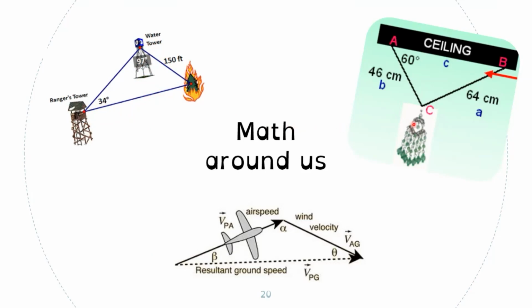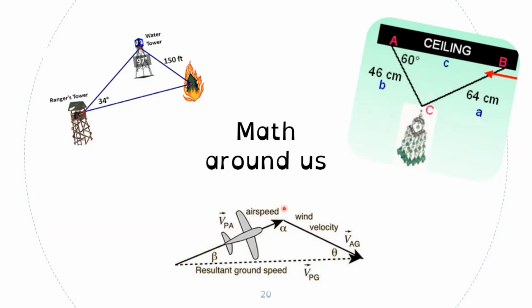The same way in terms of architecture and engineering, here I have an image of a chandelier being hung with 2 ropes from the ceiling, and knowing where that placement's going to be is based on the length of the ropes and the angles that the things are hung at.